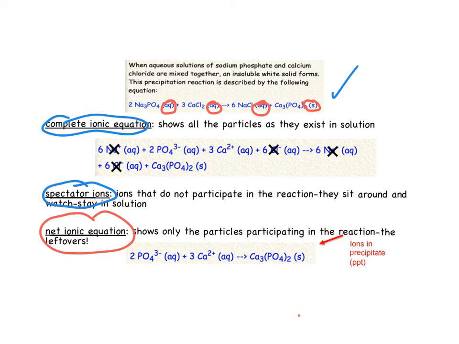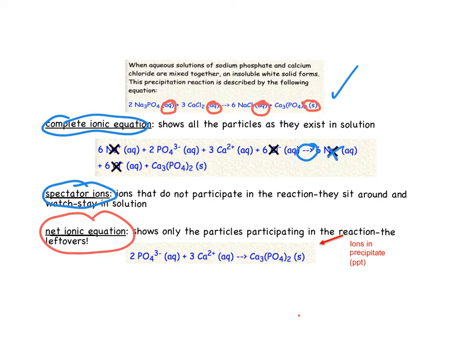The next thing I'm going to do is pick out those spectator ions, the ions sitting back and watching the reaction. As you're taking notes, the way I determine those is that they're ions on both sides of the reaction that stayed in aqueous solution in the same number and the same form. So sodium: I have 6 plus 1 sodiums aqueous on the reactant side, and I have 6 plus 1 sodium aqueous on the product side.